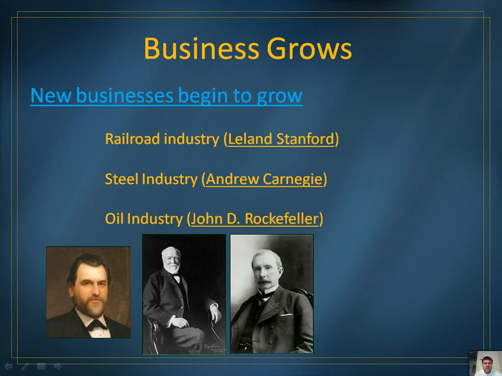The next guy here is Andrew Carnegie. Andrew Carnegie was a leader in the steel industry. And then on the right is a man named John D. Rockefeller, who was a leader in the oil industry. And so these guys, their businesses begin to grow. Many immigrants worked for these guys, especially for Andrew Carnegie, and helped their businesses prosper.